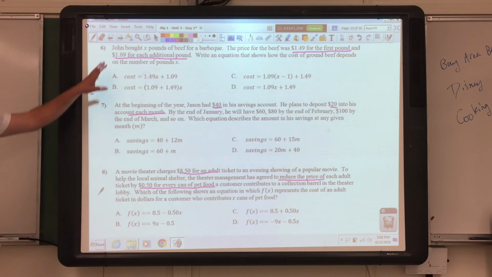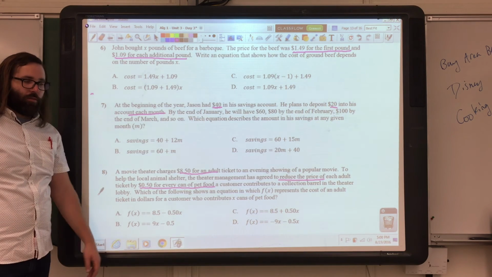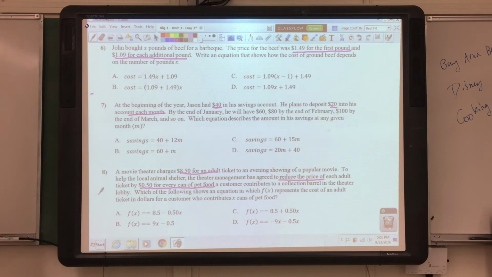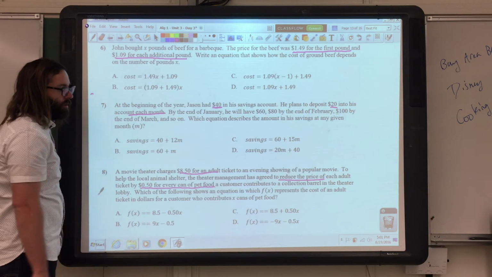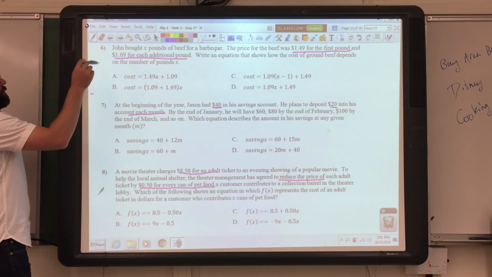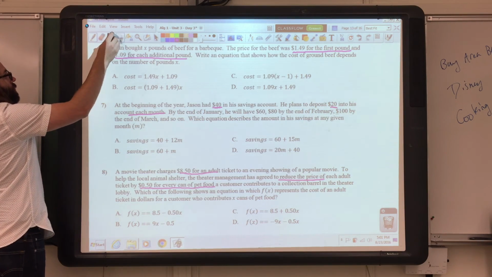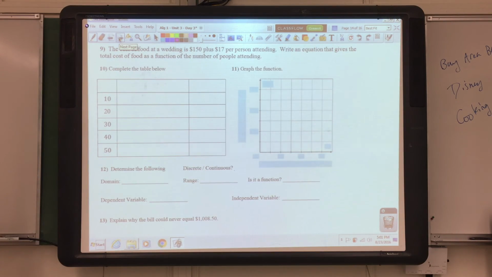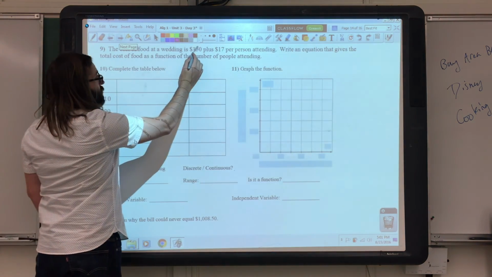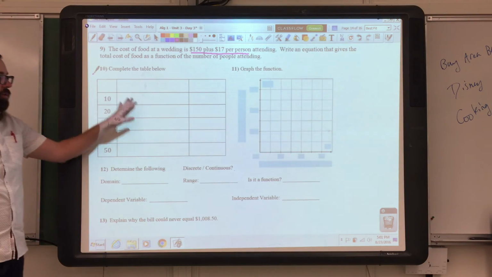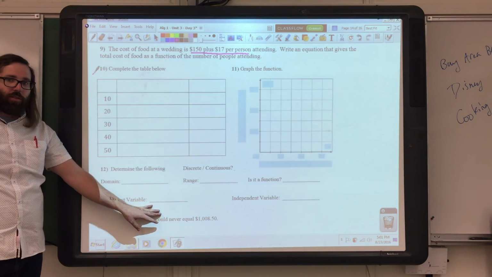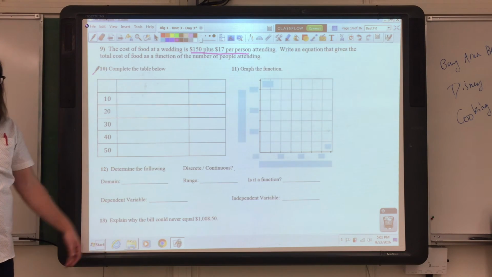Okay, so make sure you underline the important information here. So the highest price you can have is $8.50, then it goes down. The cost of a wedding is $150 plus $17 per person. Write an equation, fill in the graph, table, all this stuff. You should be able to do this.